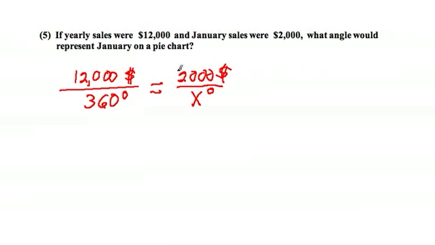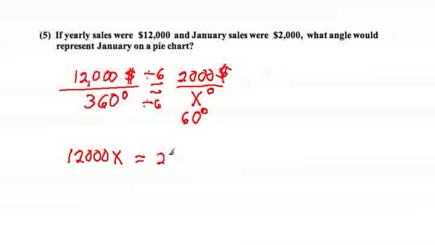Well, here as equivalent fractions, if you notice that this is 1/6 of that, the degrees should be 1/6 of that, or 60 degrees. And by cross multiplication, it would be 12,000 x is equal to 2,000 times 360.